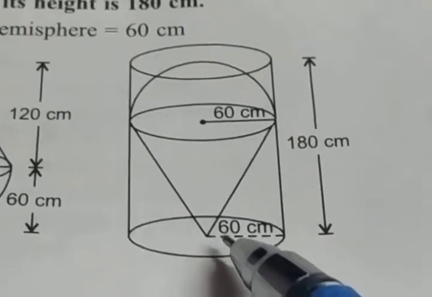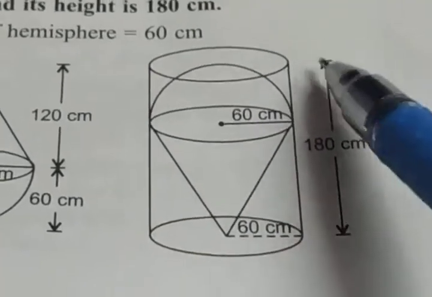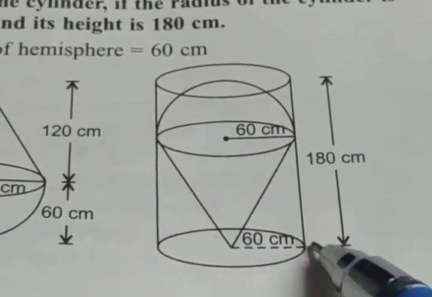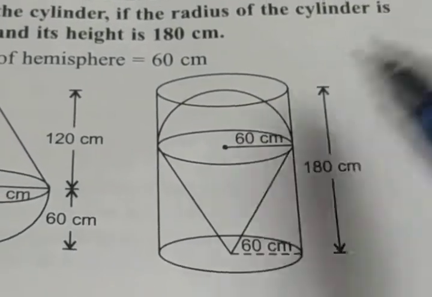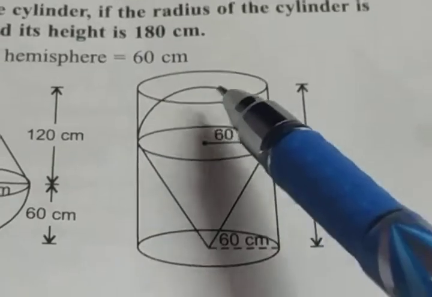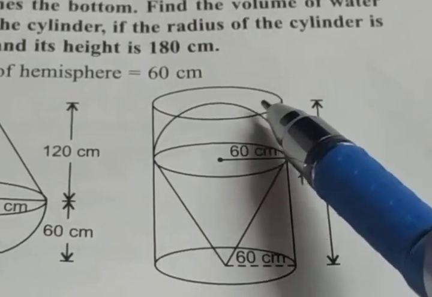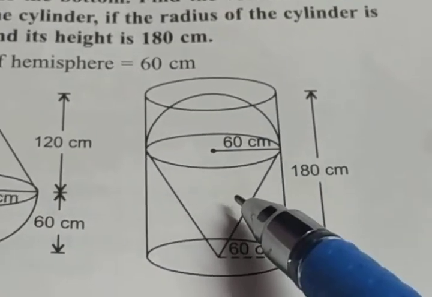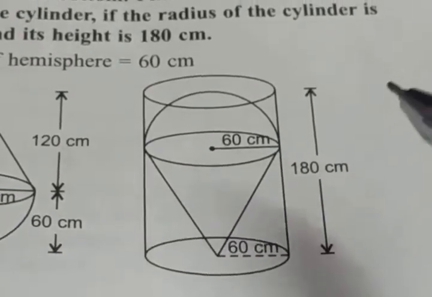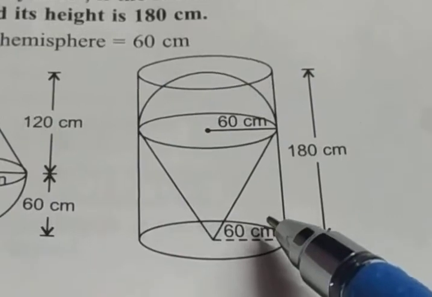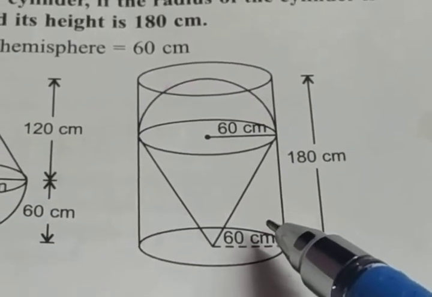So there is a cylinder of height 180 cm and radius 60. The radius of the cylinder, cone and hemisphere remains the same, 60 cm. The cylinder is full of water, so when the solid is immersed, water flows out. The question is to find the balance water left in the cylinder.